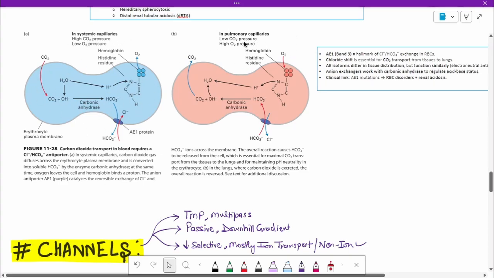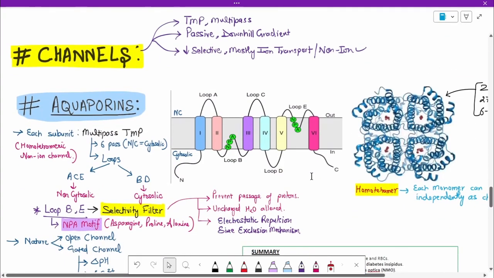In case of pulmonary capillary red blood cells the process flips over. Here bicarbonate is coming out, here bicarbonate will go in. We will study the details of this process in the separate video of respiratory physiology.